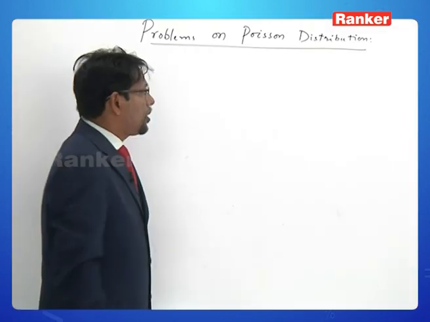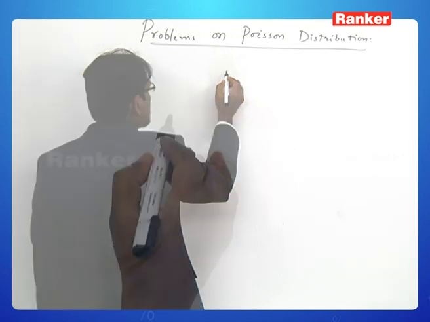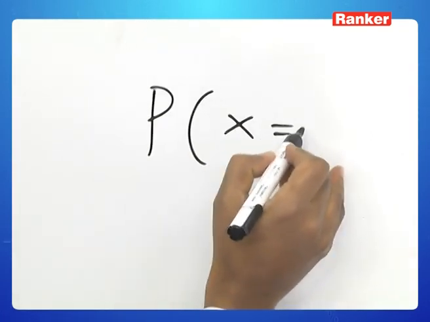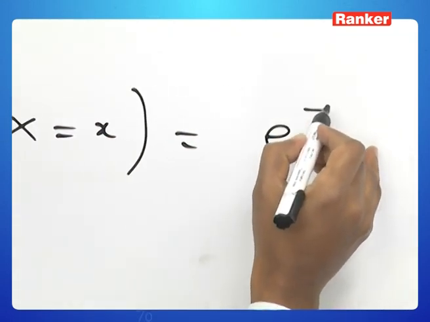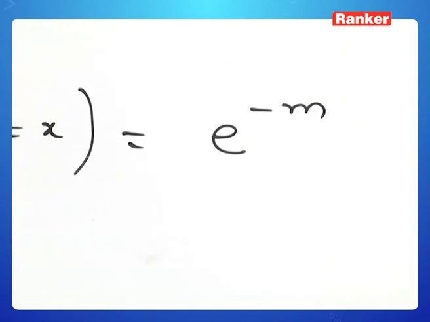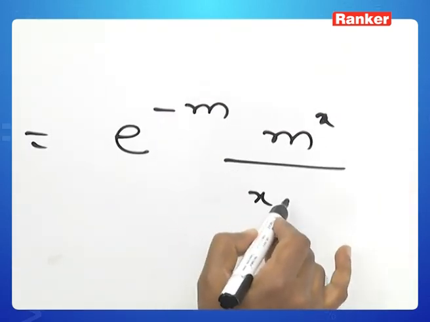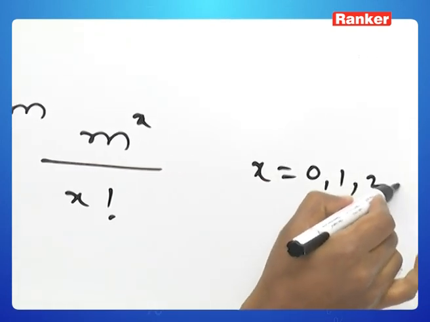So, we know that the probability mass function corresponding to Poisson distribution is e power minus m into m power x by x factorial, where x ranges from 0, 1, 2, so on up to infinity.